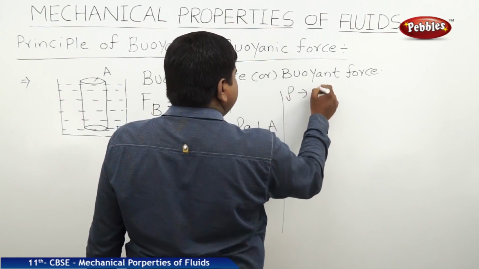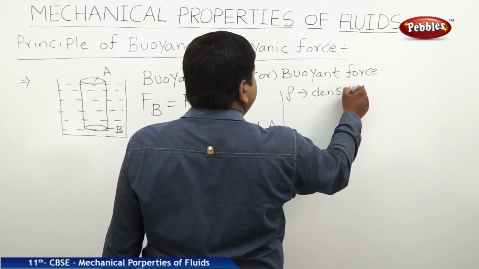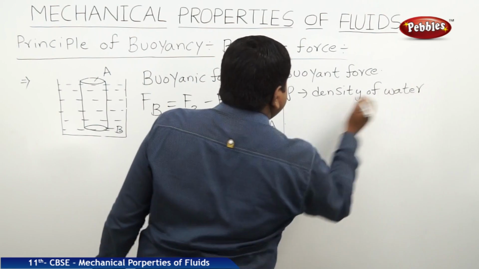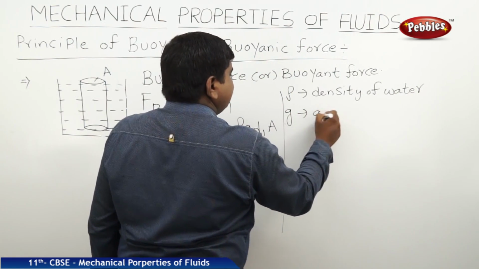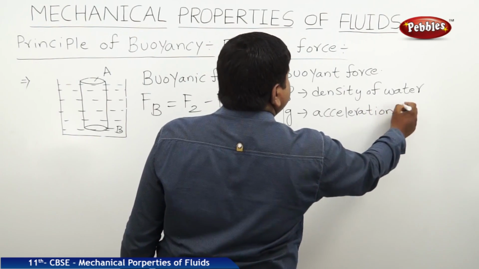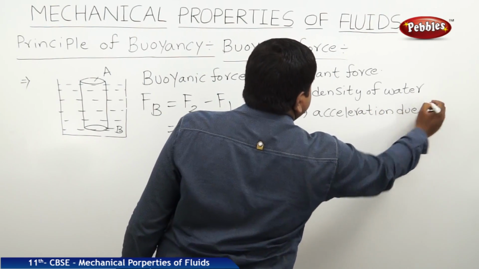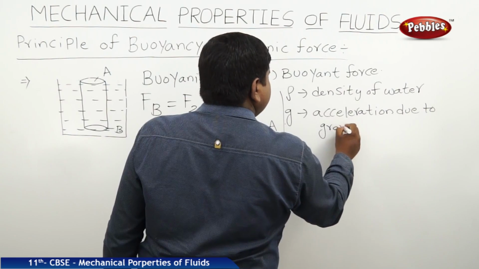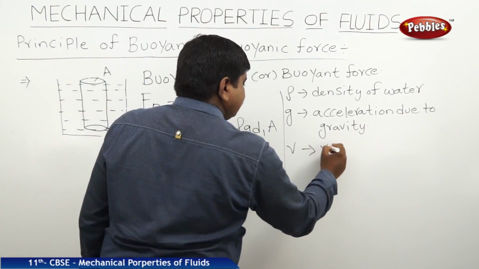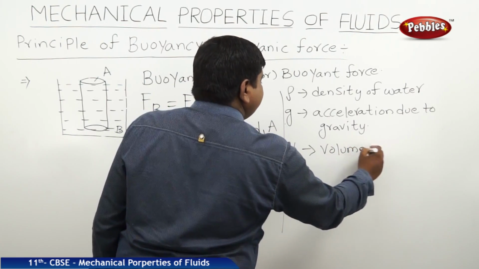where rho is equal to the density of water, g is equal to acceleration due to gravity, and V is equal to volume.